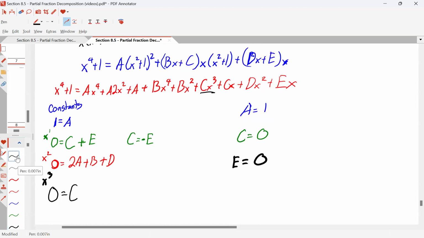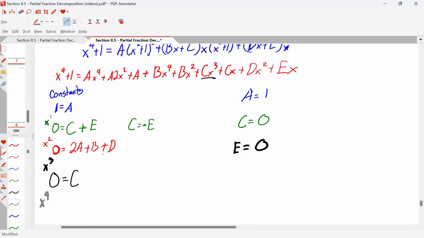Hopefully the x to the 4th will help find those. So let's find those x to the 4ths. We do have an x to the 4th on the left-hand side. That's 1. There's 1 x to the 4th. Then we have a. We know a is 1, but I'm going to write it as a for right now. We also have a b x to the 4th.